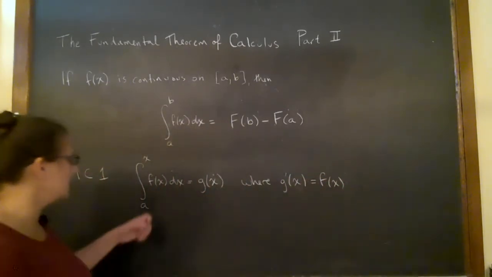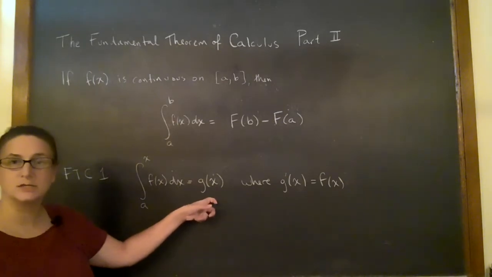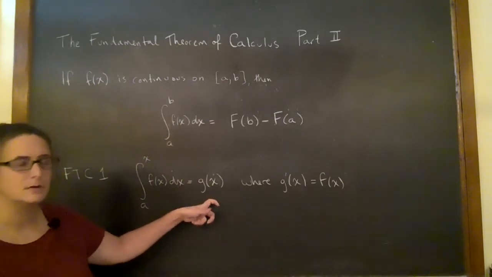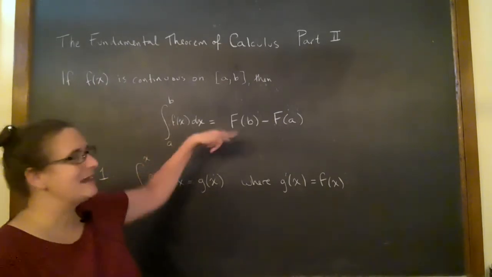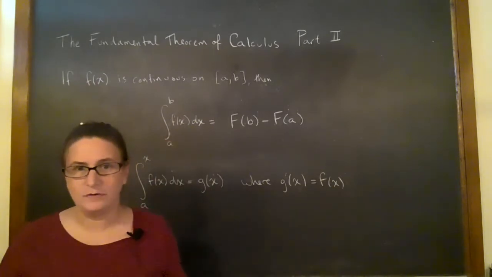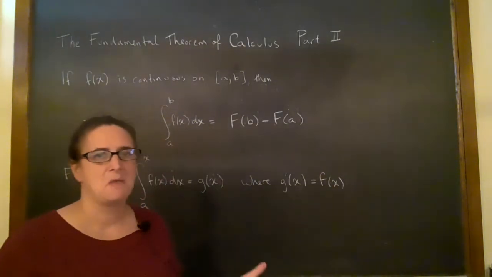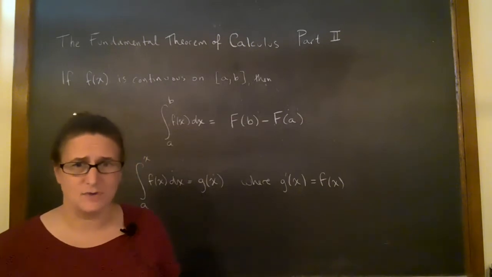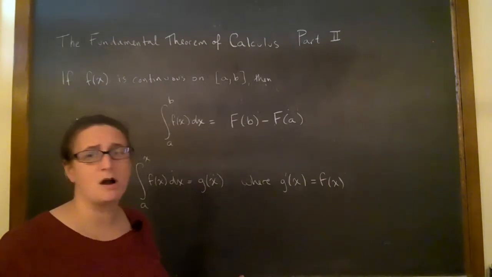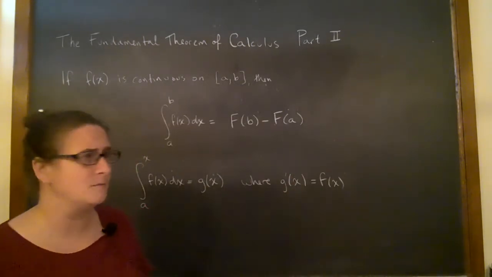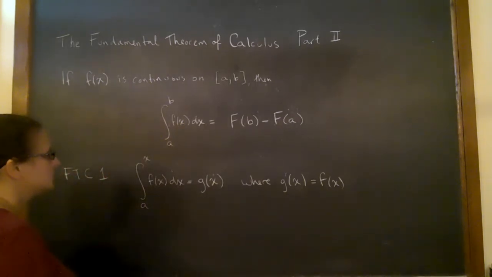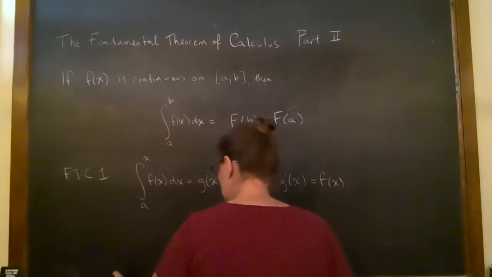So this g is actually an antiderivative of little f, and this big F is any other antiderivative of little f. Well, as we know, if two functions are antiderivatives, they differ by a constant, okay? So let's write this down a little bit better.